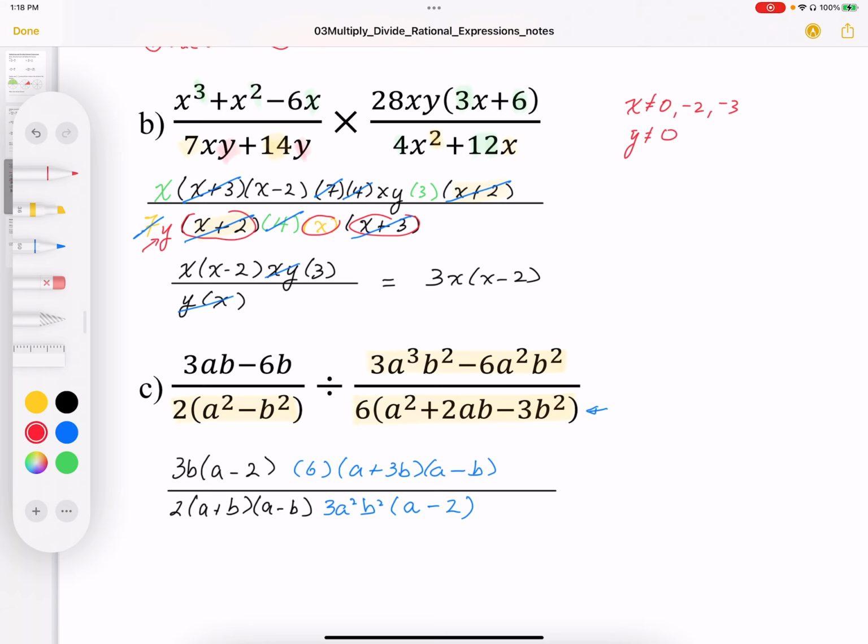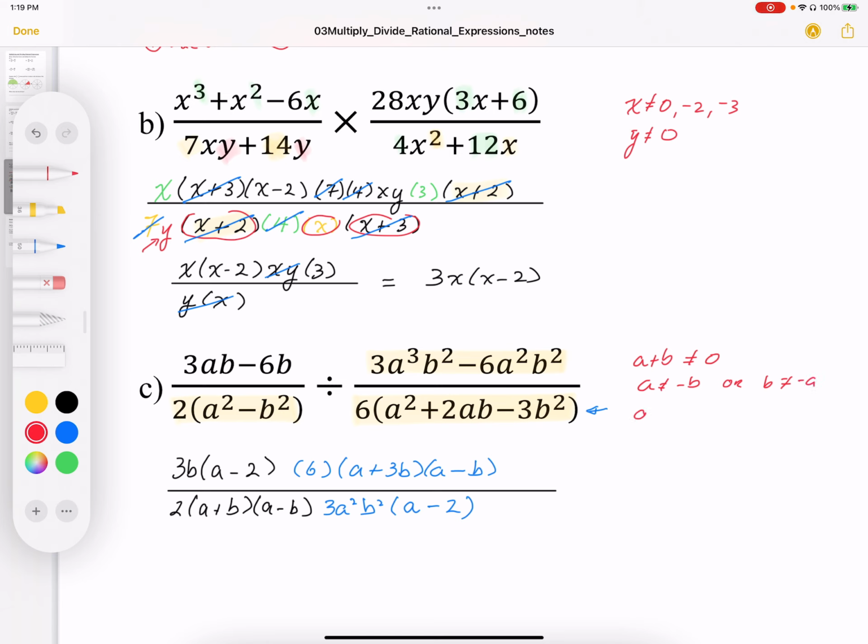I'm going to state my restrictions. So I'm going to start with my binomial restrictions. A plus b is not equal to 0, which I could also write as a not equal to negative b, or b not equal to negative a.